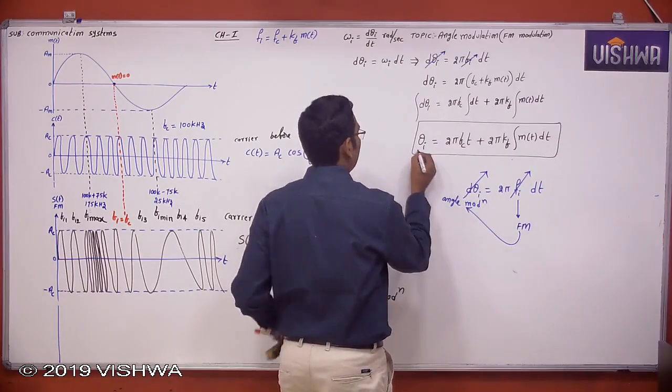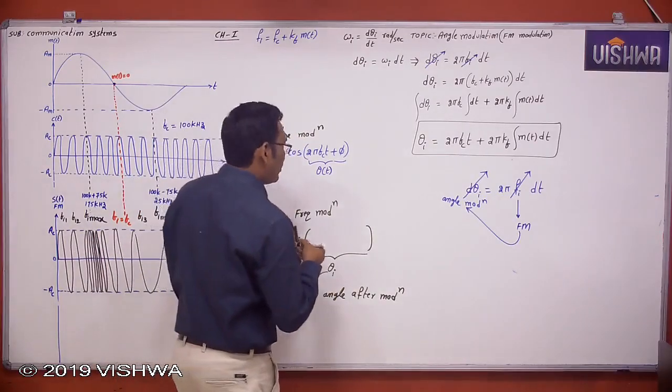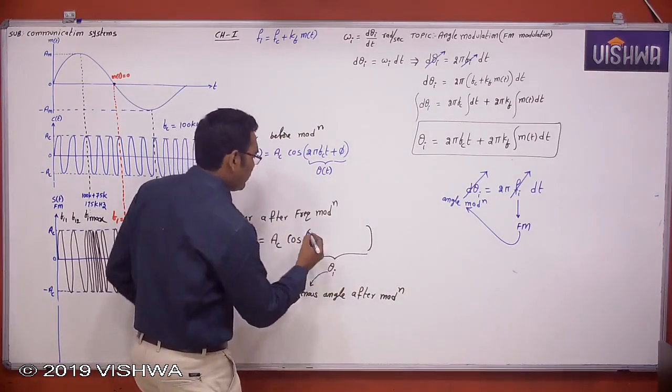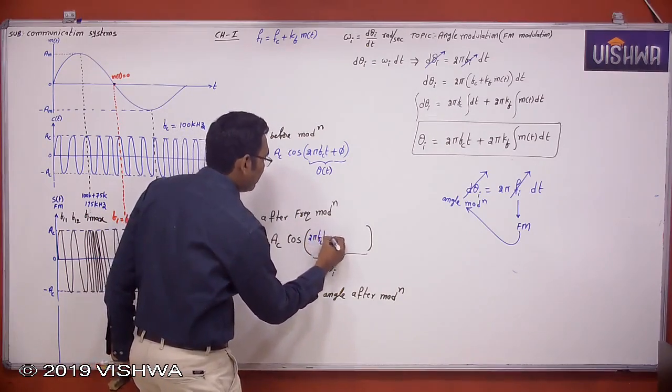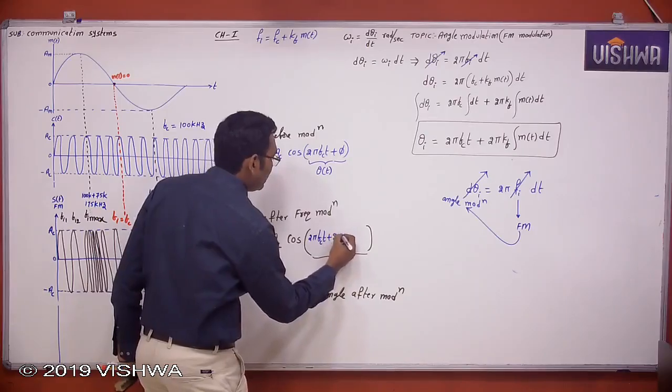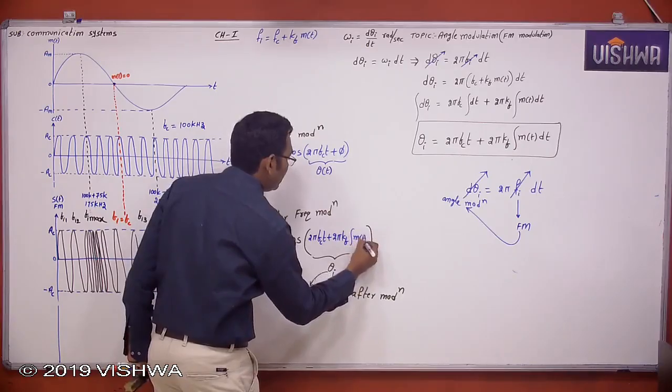This is the instantaneous angle after modulation. What is the instantaneous angle after modulation? It is 2 pi fc t plus 2 pi kf integral m of t dt.